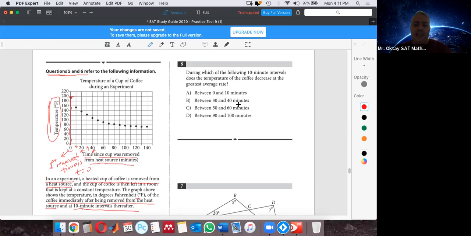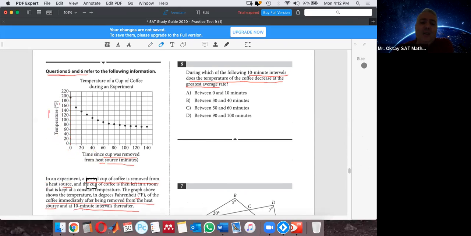So the second question says, during which of the following 10-minute intervals does the temperature of the coffee decrease at the greatest average rate? Decrease, greatest average. When you look at it, it's so simple, without any calculation, my dear students. The degrees were here, now here.